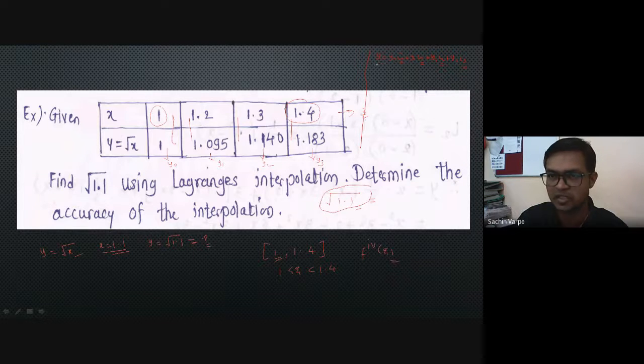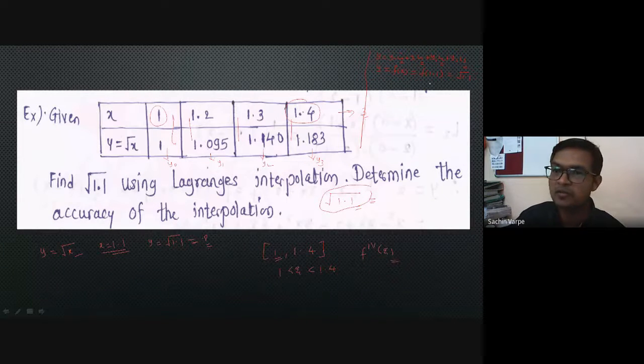We simplify the expression and we get a polynomial y as a function of x, right? Once we get y as a function of x, we substitute x equal to 1.1, that is f of 1.1, and we get y equal to the square root of 1.1.